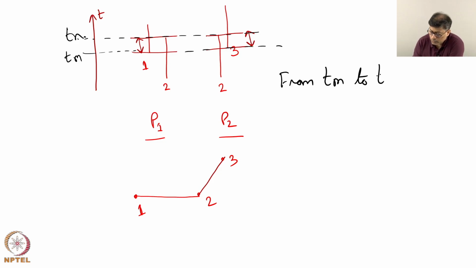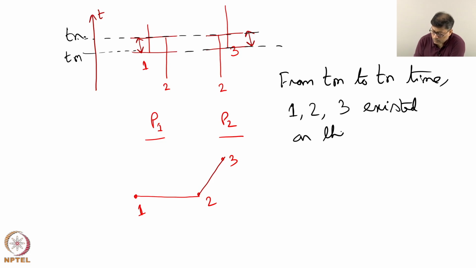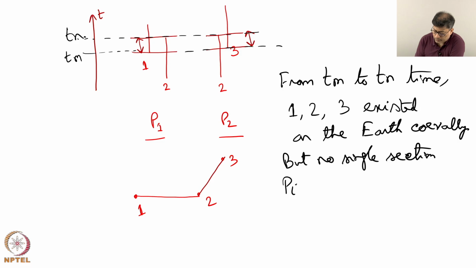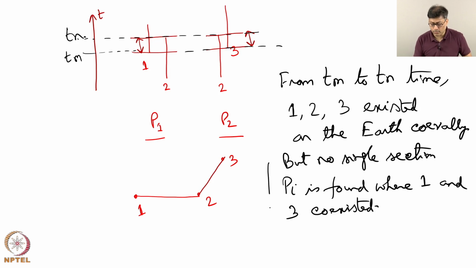From Tm to Tn time, 1, 2, 3 existed on the earth coevally, but no single section Pi is found where 1 and 3 coexisted. Since I do not see, therefore, I will not join 1 and 3.